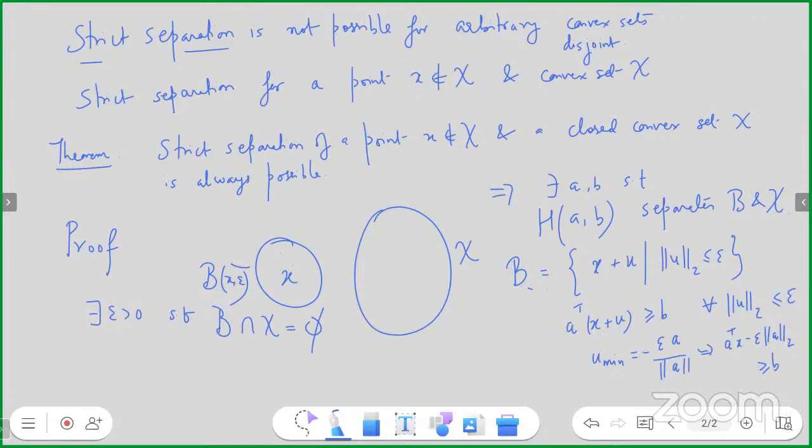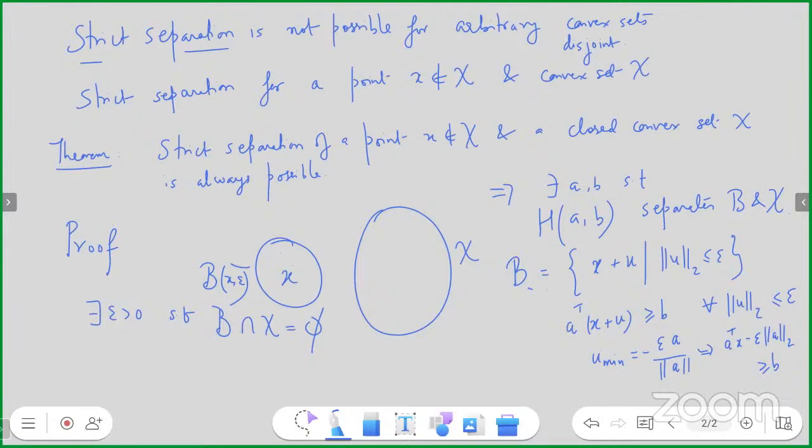So isn't this a new equation of a hyperplane where B has been increased? So now what should I use as my new B prime? Half of epsilon norm of A is enough, because then both my inequalities will be simultaneously satisfied. So I'm going to define a new hyperplane where A will remain A and B will go to B plus epsilon norm of A by 2.